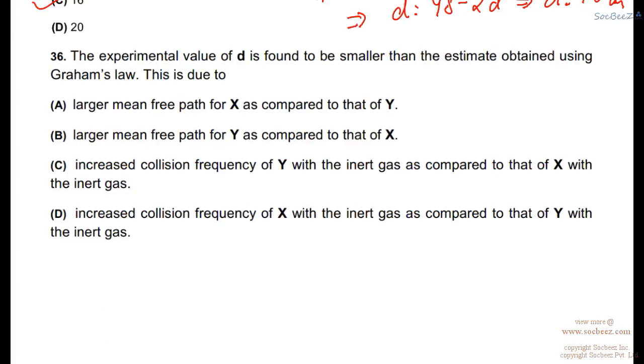Larger mean free path of Y as compared to that of X, increased collision frequency of Y with the inert gas as compared to that of X with the inert gas, increased collision frequency of X with the inert gas as compared to that of Y with the inert gas.